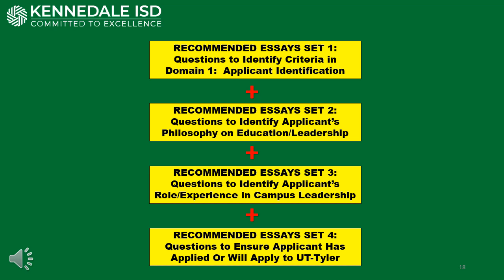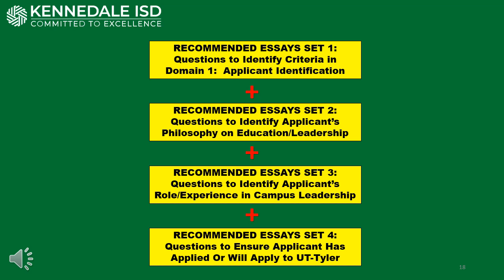First of all, I think that for set 1, we should look again at that criteria to see if anything's missing in Domain 1 to help us identify qualified applicants. The second set of essay questions that might be considered are questions to identify applicants' philosophies on education and leadership in general, and they are a typical type of essay question for administrative positions. And then in set 3, we want to include questions potentially to identify an applicant's role and experience in campus leadership.